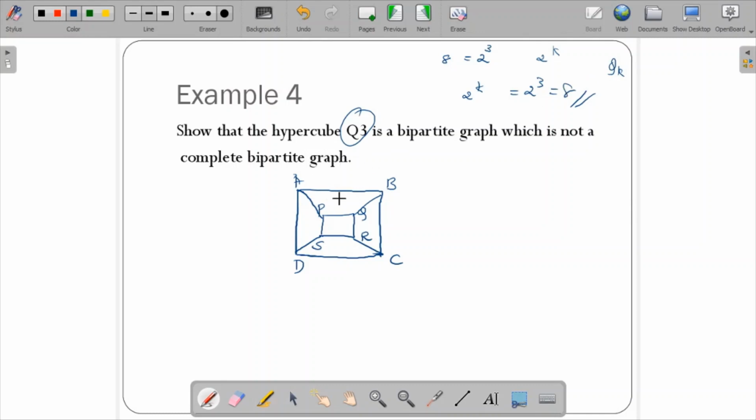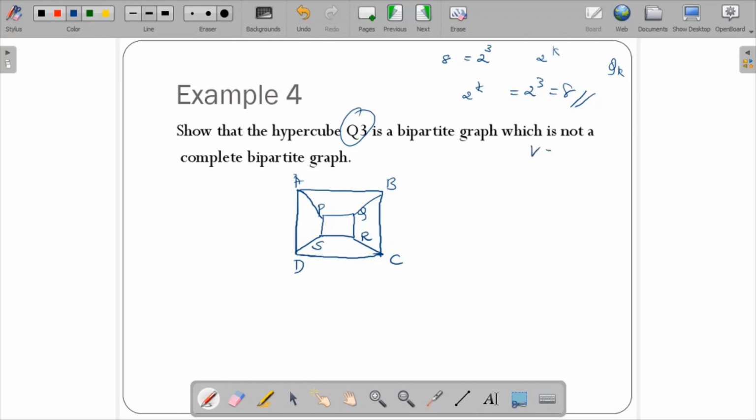So if we consider this as a hypercube, let us see how we can split the vertices. First I'll give the explanation, then we'll write the statements. This is a hypercube. You need to show this is a bipartite graph and not a complete bipartite graph. Firstly you need to split the vertices into disjoint sets.